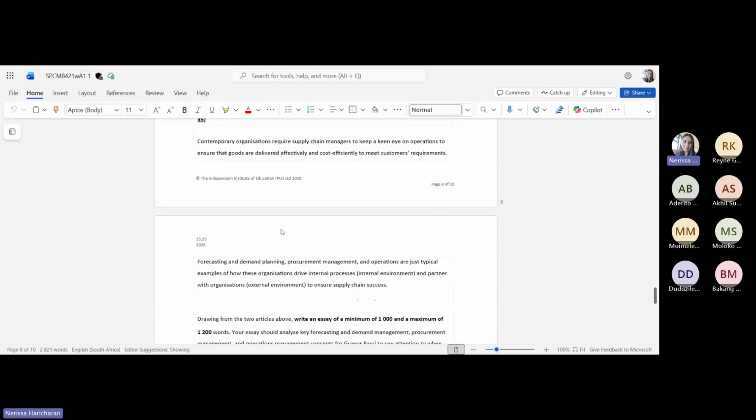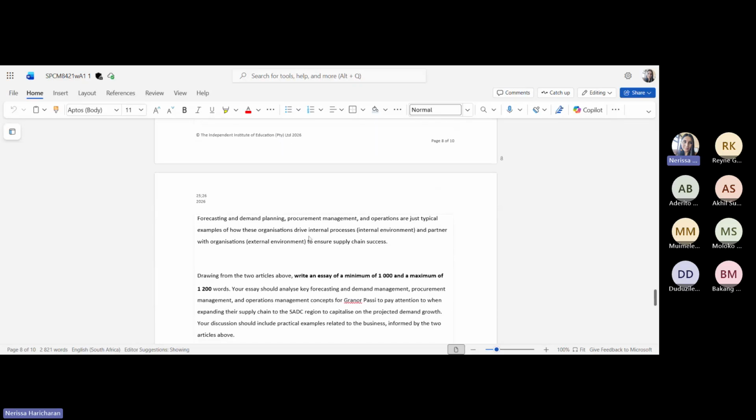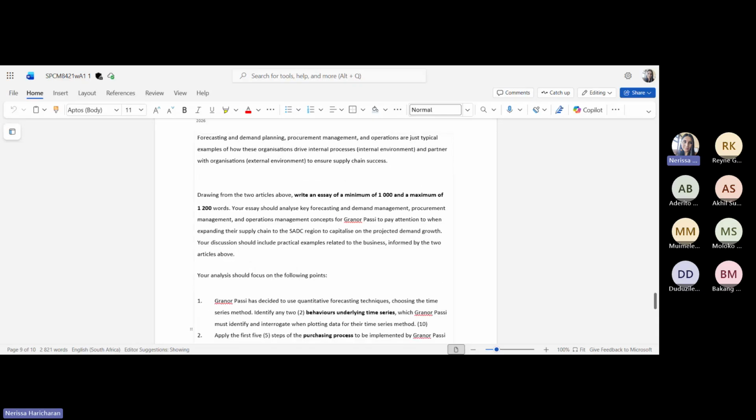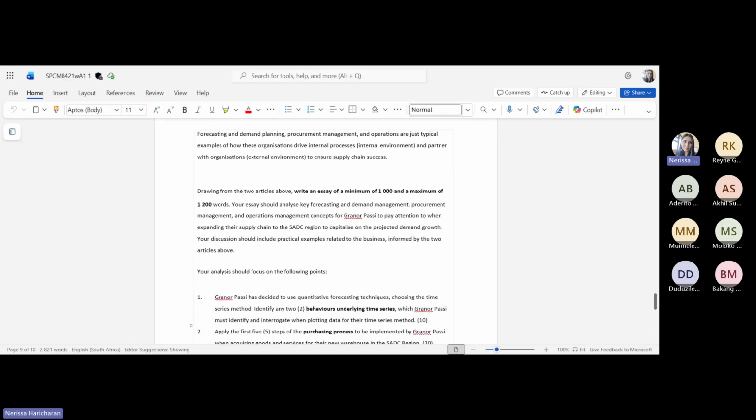Then the next one is contemporary organizations require supply chain managers to keep a keen eye on operations. I won't go too much into this, but forecasting and demand planning, procurement management, and operations are typical examples of how organizations drive internal processes and partner with different organizations. Drawing from the two articles, write an essay of a minimum of 1,000 and a maximum of 1,200 words.